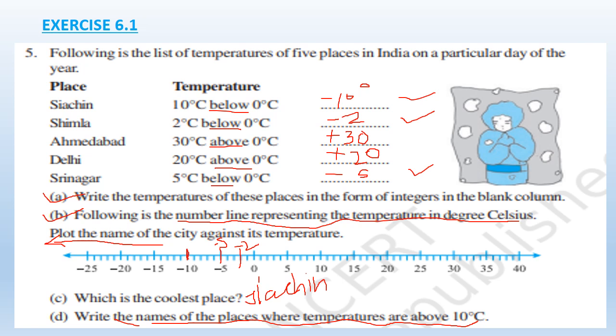As it's above, it's with a plus sign. So which places are there? Delhi and Ahmedabad. Okay, so here the answer is Delhi and Ahmedabad. Okay, clear children?